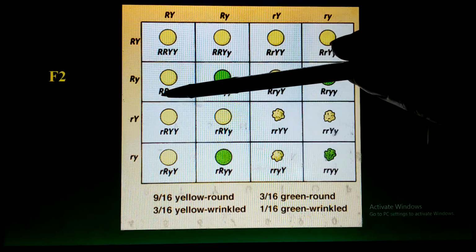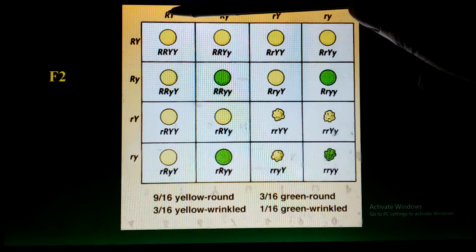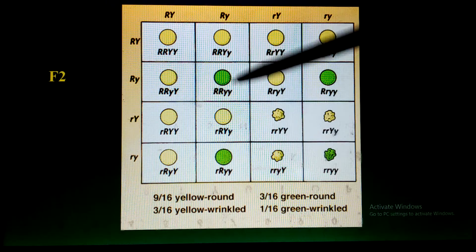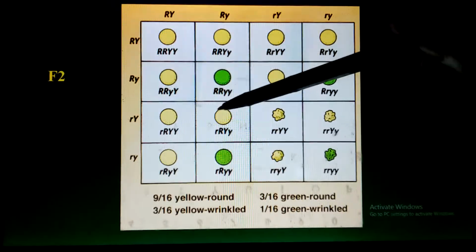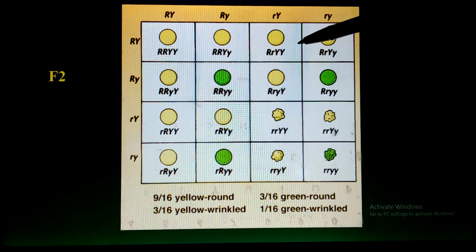So the same is the case here. Now you cross this with this, this with this, and you cross all of these and at the end you will get 1 2 3 4 5 6 7 8 9 round and yellow.